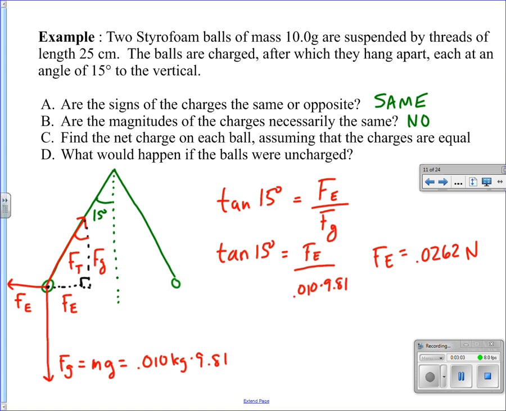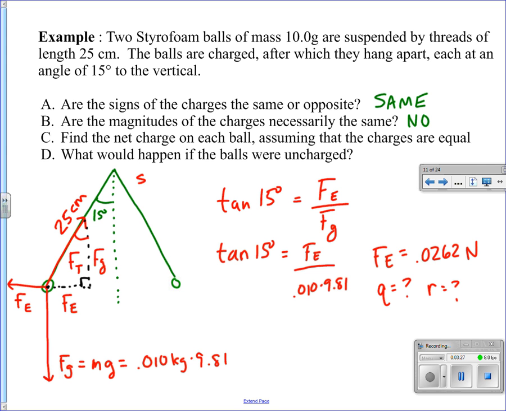Okay, now I've got the electric force, and what I want is the charge. In order to solve for the charge, I'm going to need a distance. I know that the length of this string is 25 centimeters, so I can use trigonometry again to get the distance between the strings.